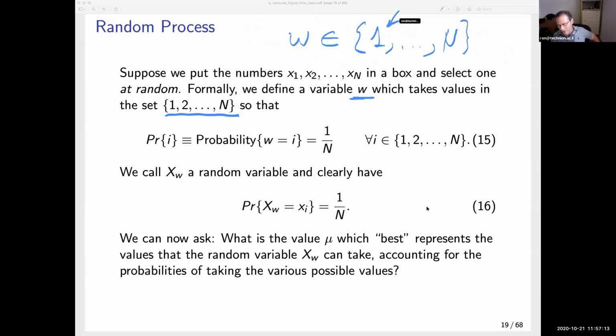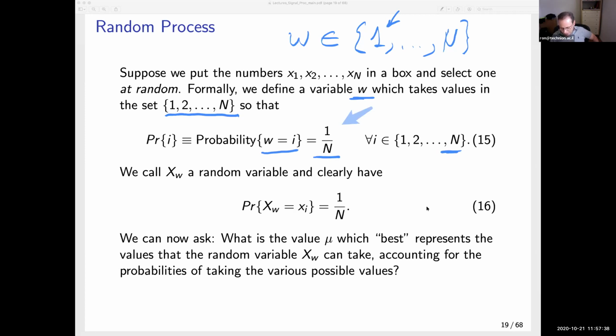There is a probability of choosing the first number. Let's assume for a moment that the probability is uniform, and therefore the probability of choosing a specific index is 1 over n. So if I have n indices, the probability of choosing the number i is nothing but 1 over n.